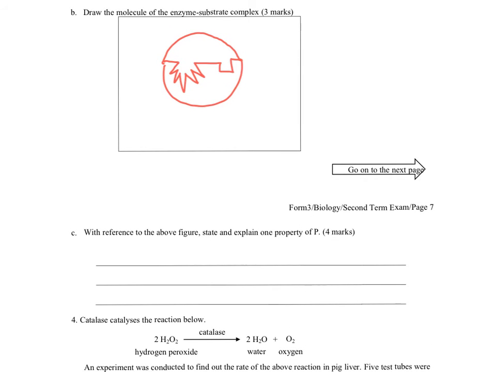With reference to the above figure, state one property of P. P is the enzyme. We can find 5 properties. However, not all 5 of them are the correct answer. Only the property shown in the figure, that is, enzyme can be reused. Why? Because we can find P and R are the same.